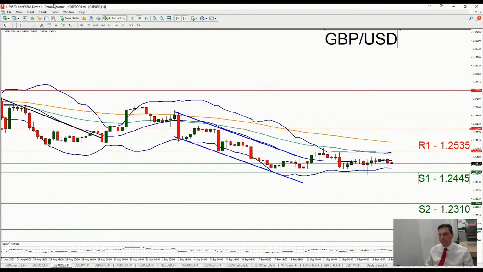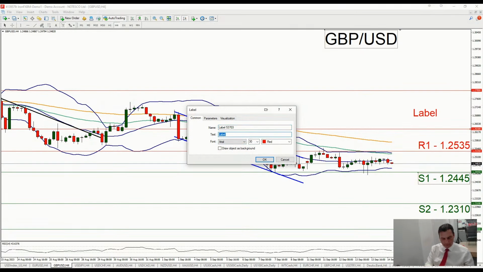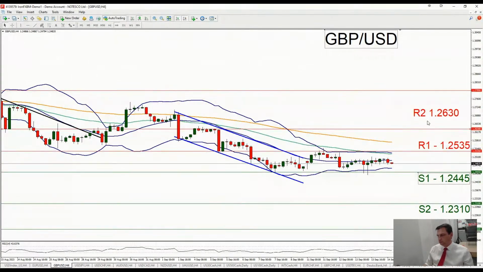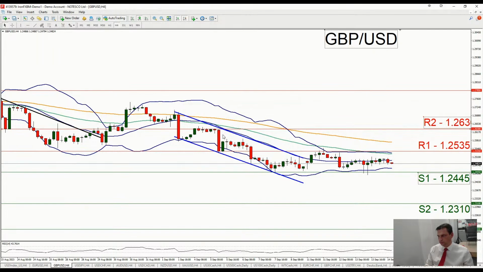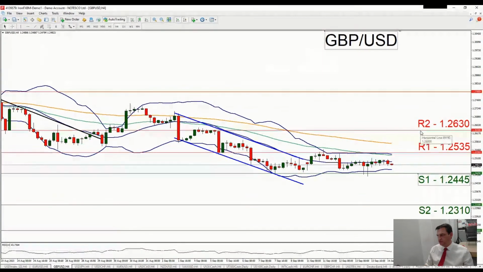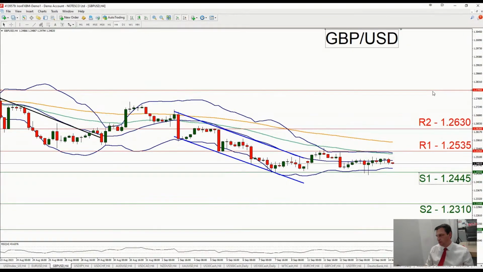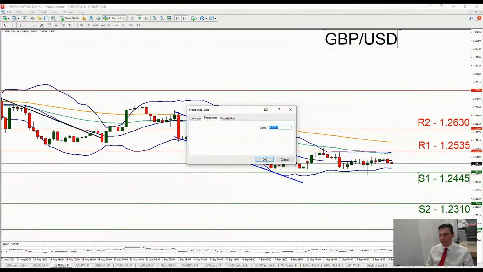Yep. That's it. And last but not least, the R3 at 1.2795.